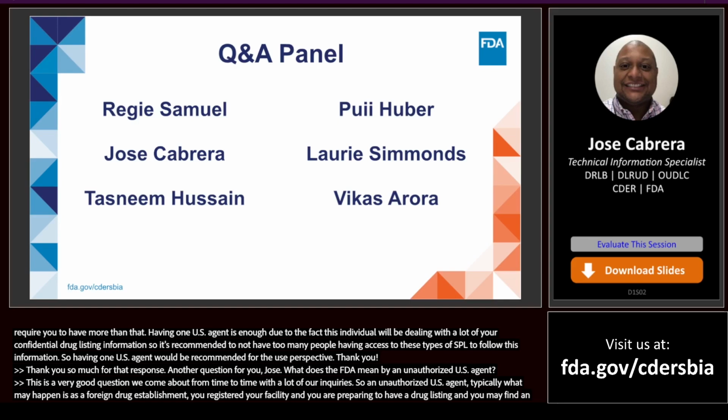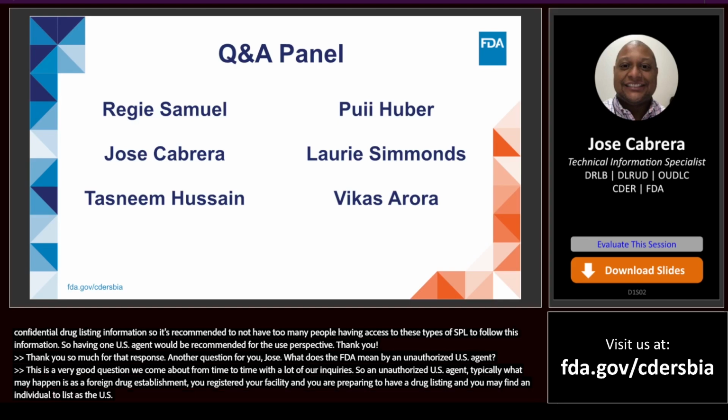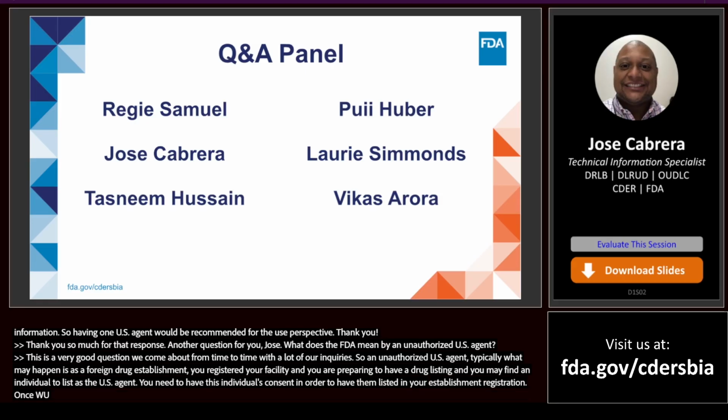You would need to have this individual's consent in order to have them listed in your establishment registration. Once we contact this individual and ask them if they are in fact your U.S. agent for this establishment, and they say no, you have essentially used a U.S. agent in an unauthorized manner.